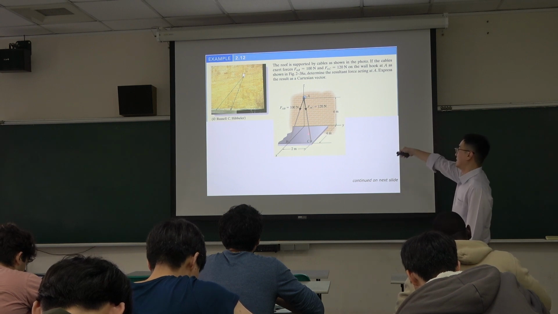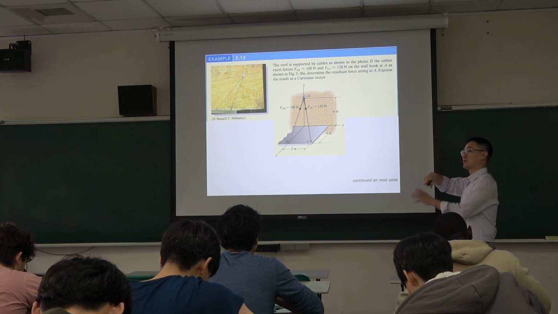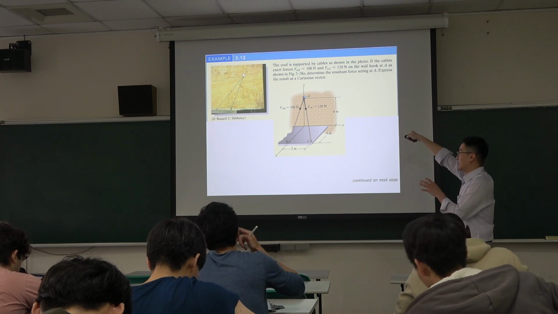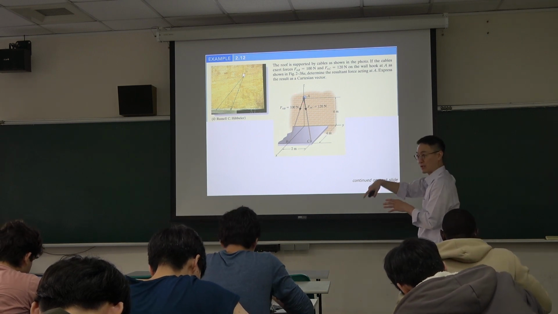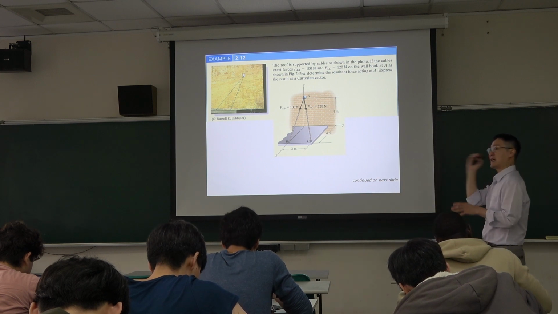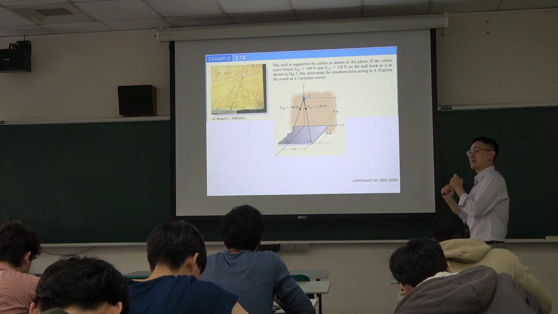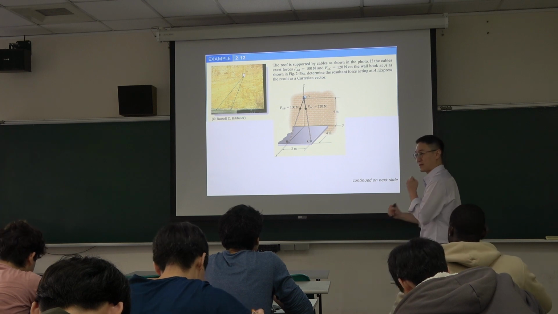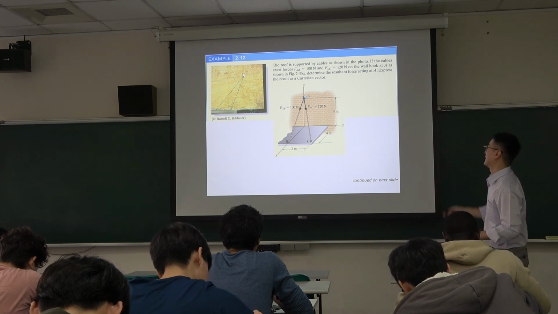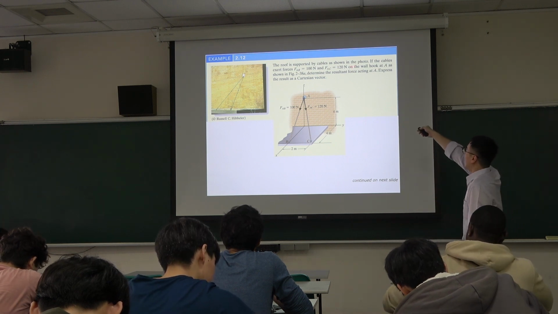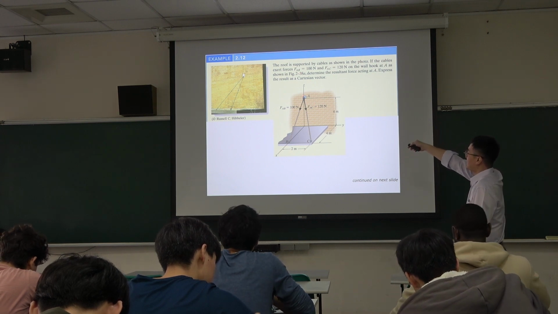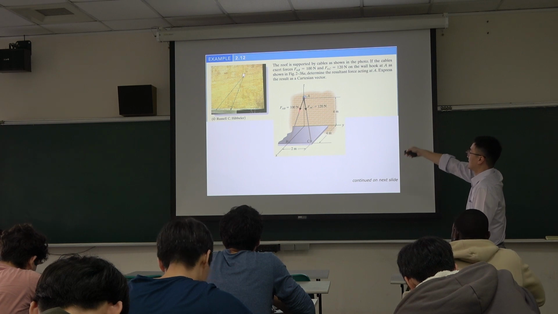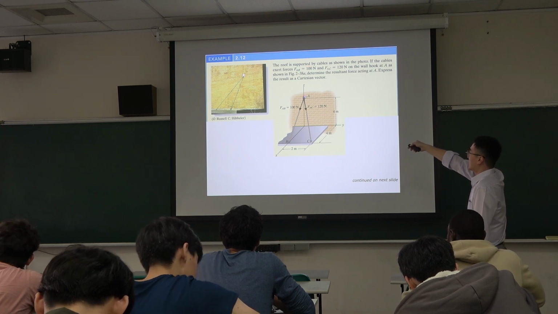So if something is linked to cable, its force must be along the cable direction. Okay, flexible part only provides tensile force, only tensile force. And then the cable has force FAB, A is here, B is here, is 100.